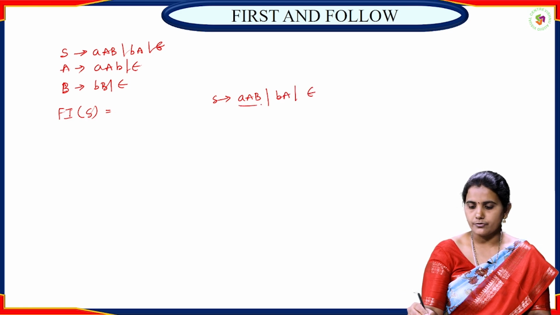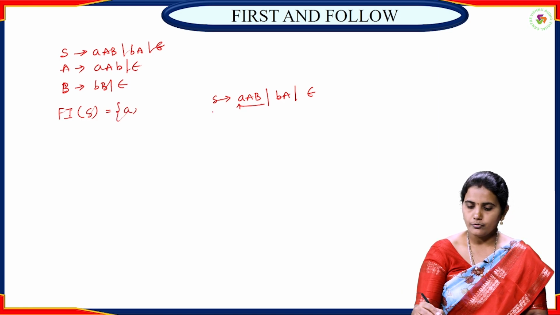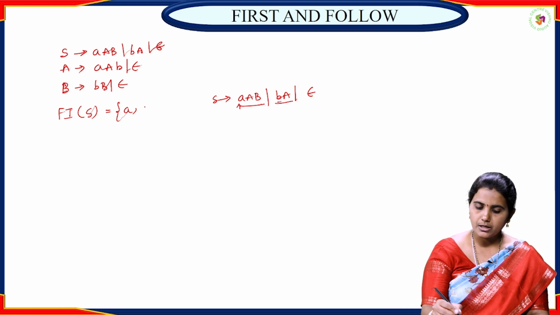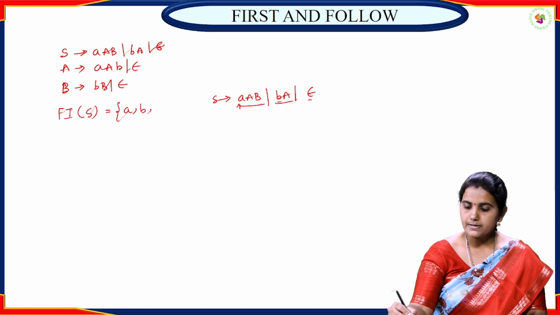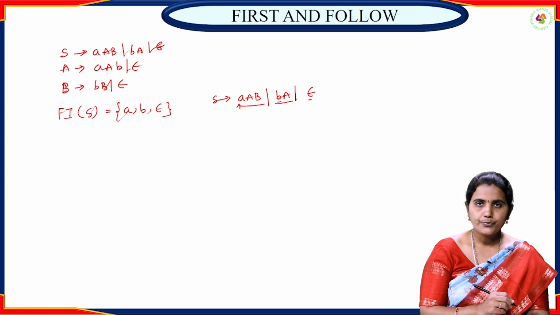Let us go for the first one. The first one starts with the terminal symbol, so your output is terminal A. Then S implies B A, starting with the terminal symbol, so your output is B. Then go for the next. S implies epsilon. Whenever it is epsilon, your output is also epsilon.